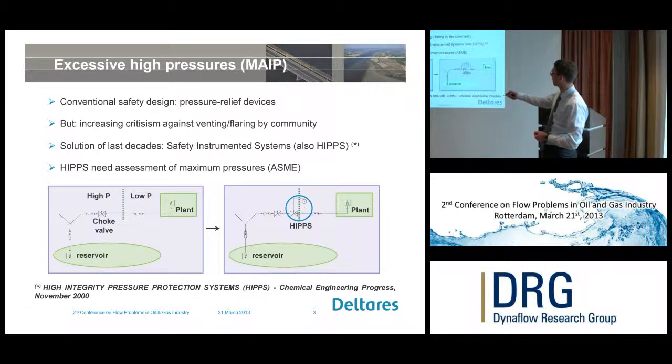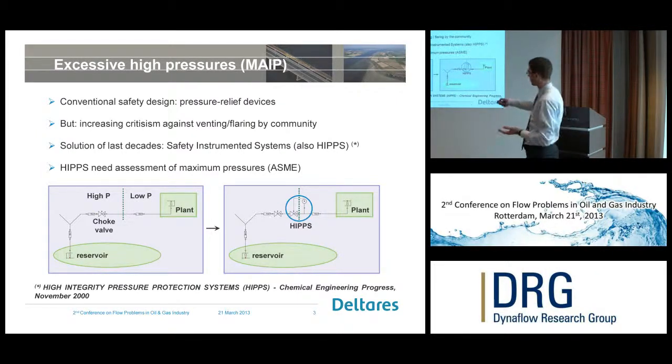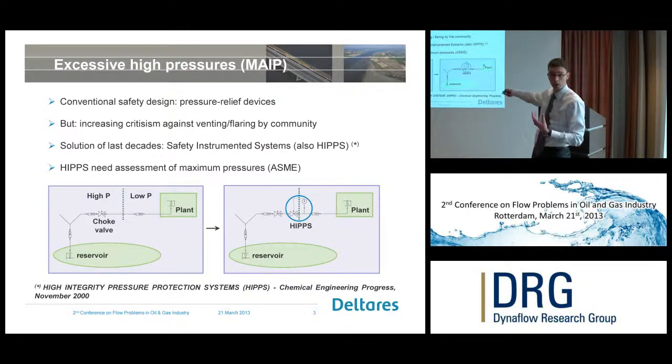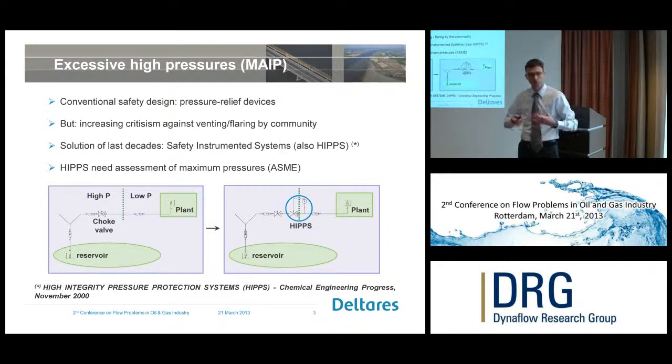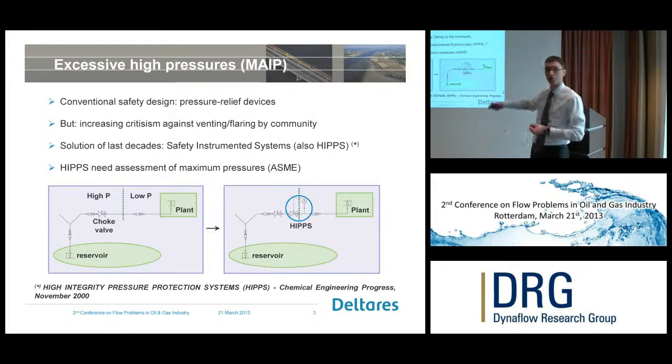And that is safety instrumented systems, also called SIS or HIPS. An example of such a HIPS system is shown here. Instead of just transporting the gas via your transport line, the gas is transported through a HIPS valve. A HIPS valve is a valve that closes very fast, and it will close once the pressure downstream of this HIPS valve is above a certain critical level.